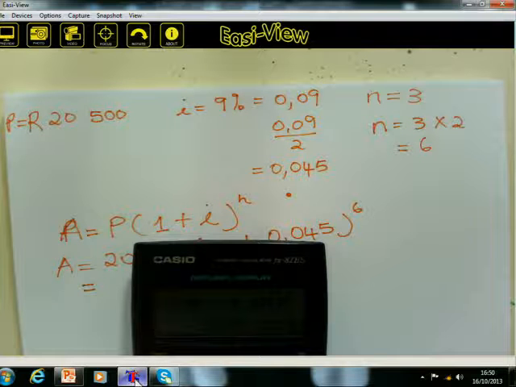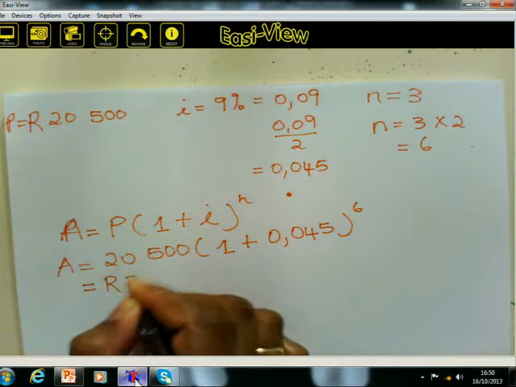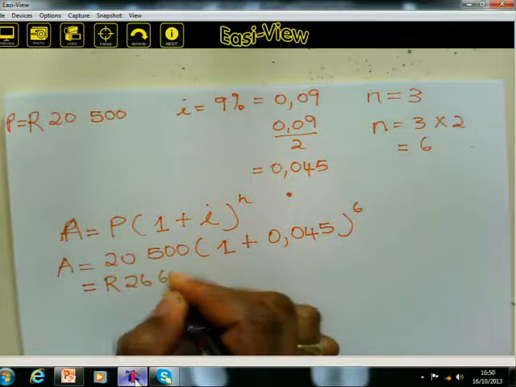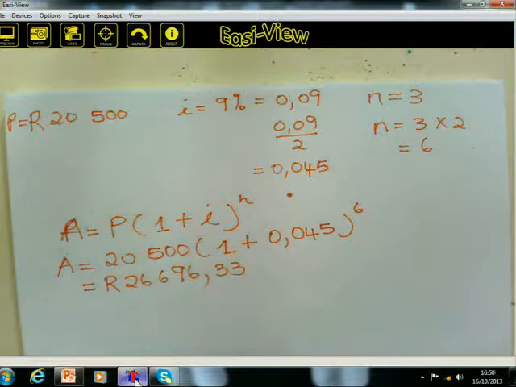It's going to be 26,696 rand 33 cents. So let's write that down: 26,696 rand 33 cents. So that's how much she's going to have after that time. Let's go back to the question.